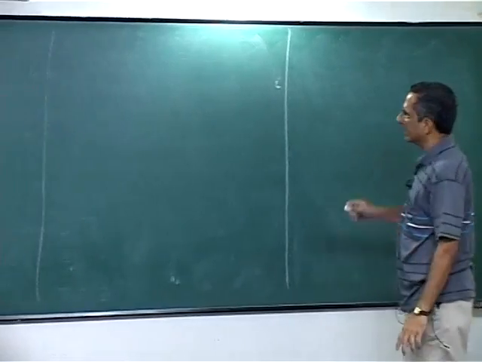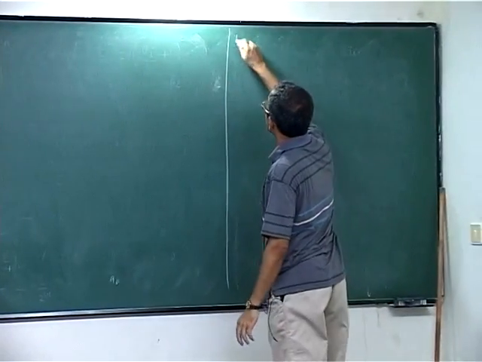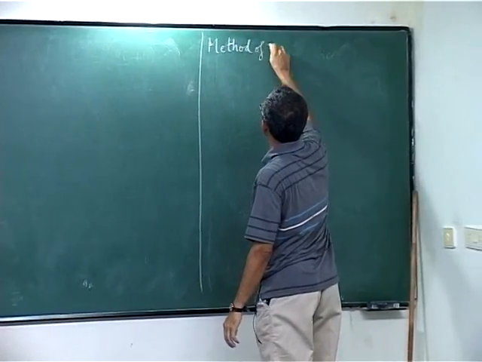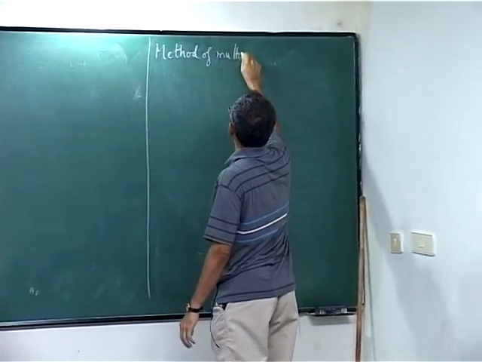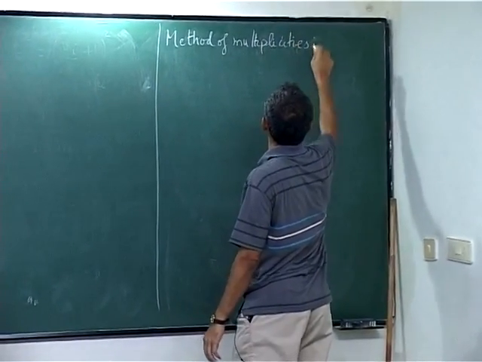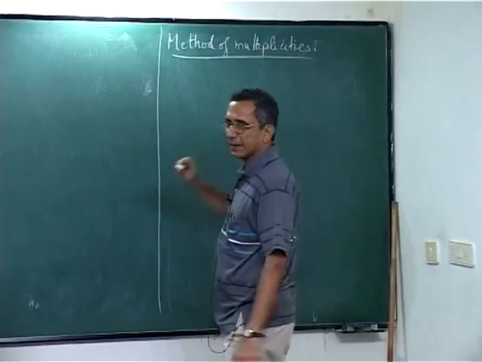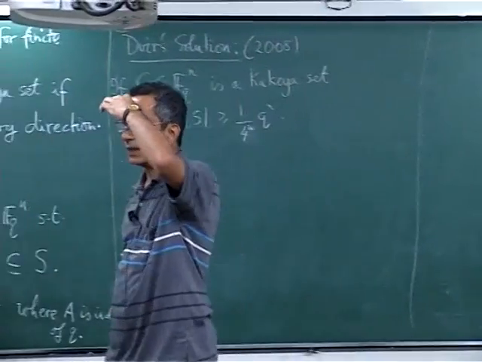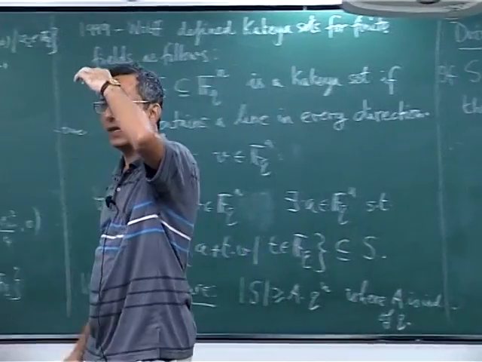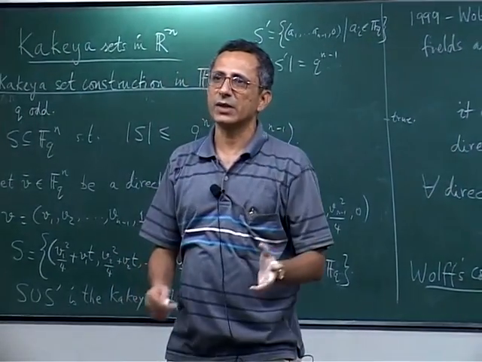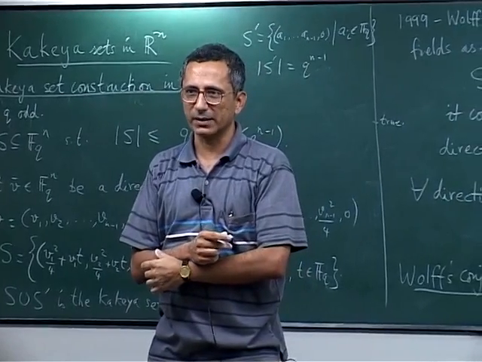So this is a new idea which is involved in it, and it's got a different name. It's called the method of multiplicities. The point being that if you give me a univariate polynomial of degree d, then I know that the number of distinct zeros it can have is upper bounded by the degree.